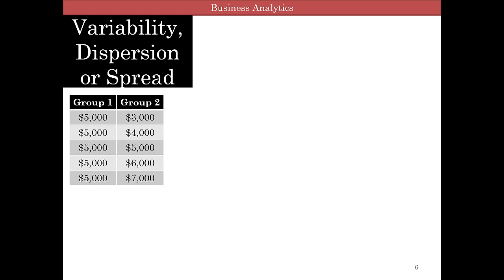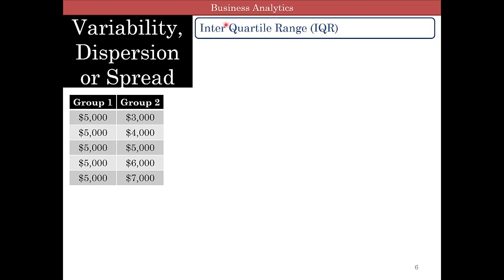The second measure of dispersion or spread or variability is called the Interquartile Range or IQR. Now remember, in the last lecture we talked about percentiles.